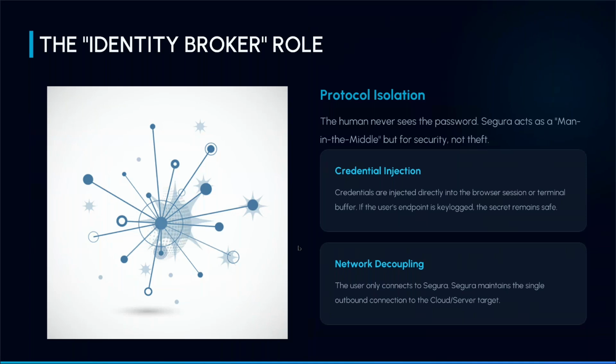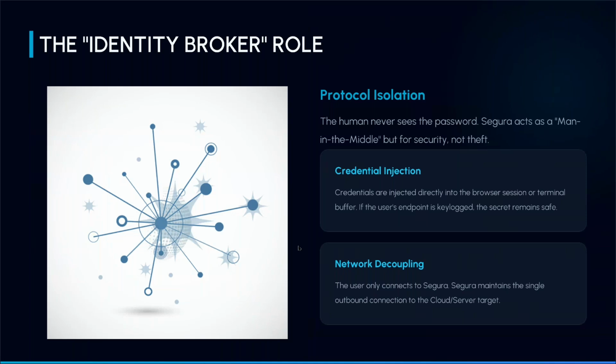Okay, so when the user logs into Segura, it helps you to create access or assign roles. Then we inject those sessions into your remote sessions like browser or RDP sessions. So the user never sees or touches the password. That means the endpoint, even if it has a full bunch of keyloggers, there will be nothing logged because there is no credential at all.